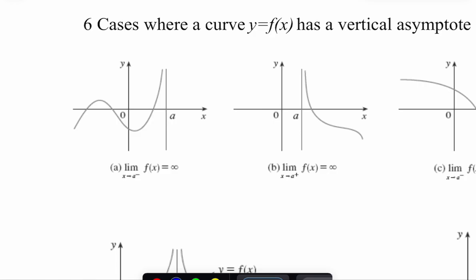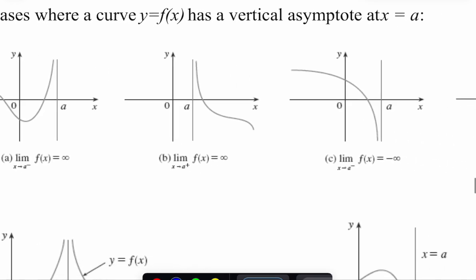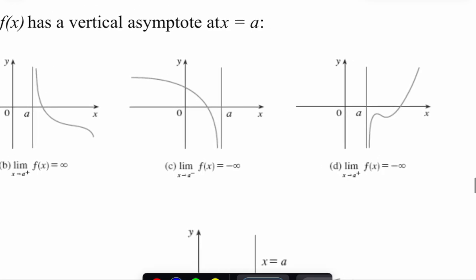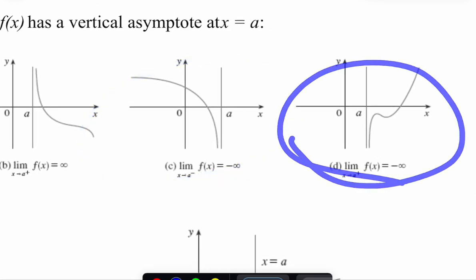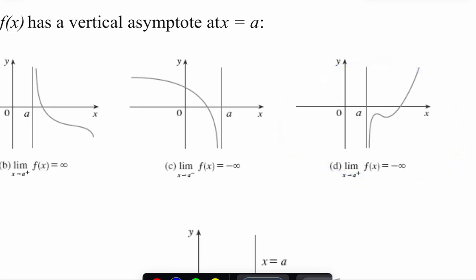It works from one side. Sometimes there's not even a piece on the other side like these ones. Here is coming from the left going to negative infinity, coming in from the right going to negative infinity. So we are approaching A from the left, but going down to negative infinity. Approaching A from the right, going to negative infinity.